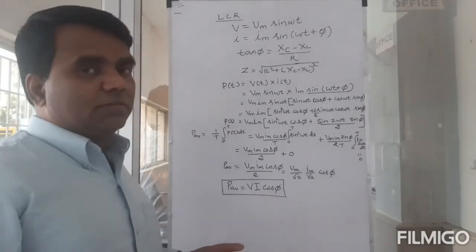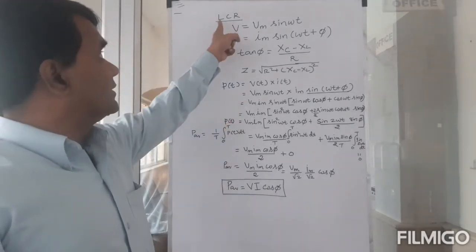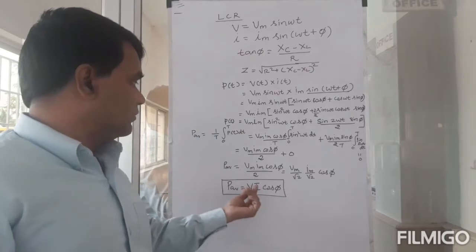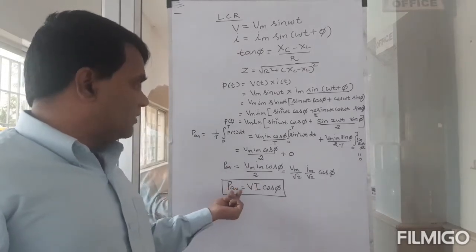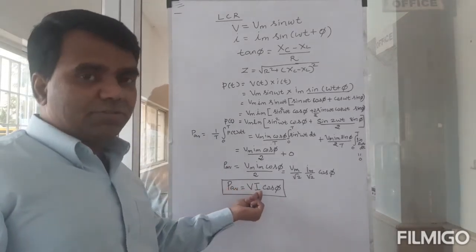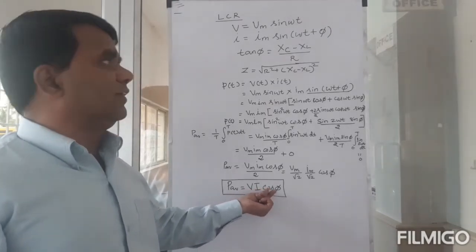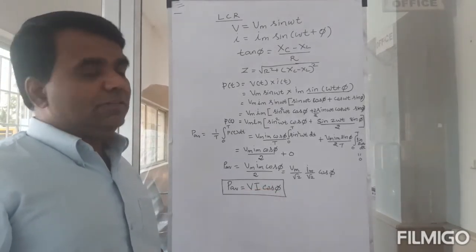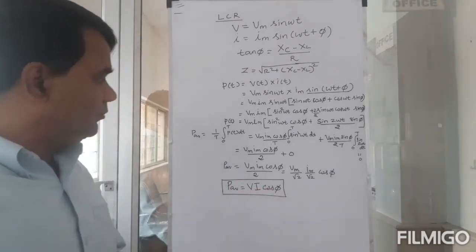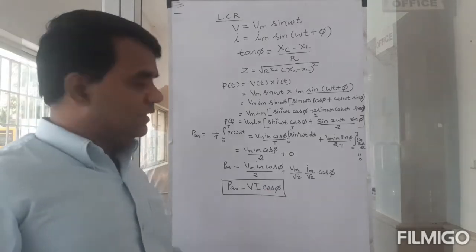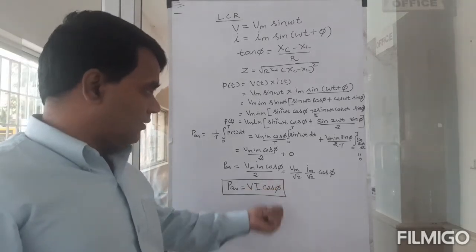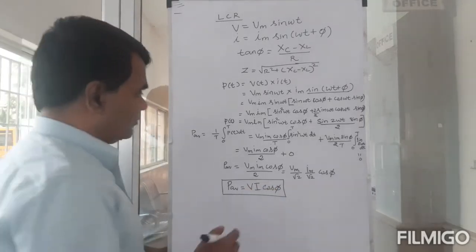So note that when you combine all the things, L, C and R, in a circuit, the average power is not just V RMS into I RMS. It's actually V RMS I RMS into cos phi.